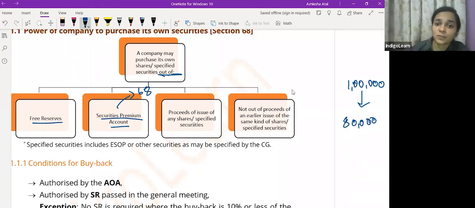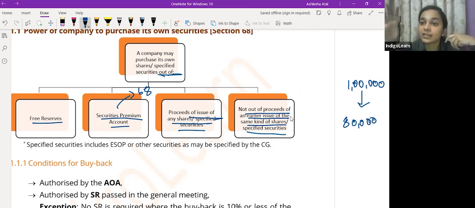Then, proceeds of issue of any shares or specified securities. Meaning, say you have issued some new shares, so you can utilize the money received from the issue of those new shares for the purpose of buyback. But not out of proceeds of an earlier issue of the same kind of shares or specified securities.